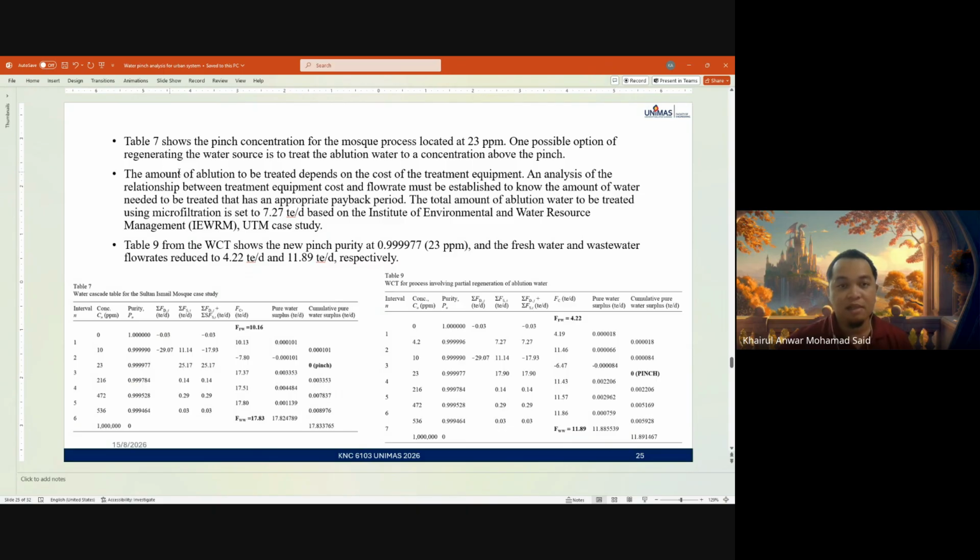The amount of water to be treated to 25.17 here.